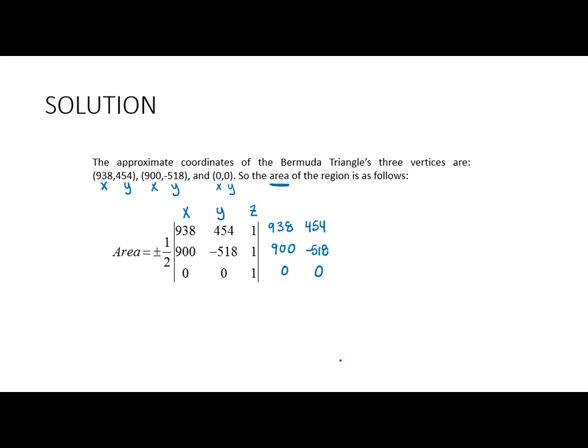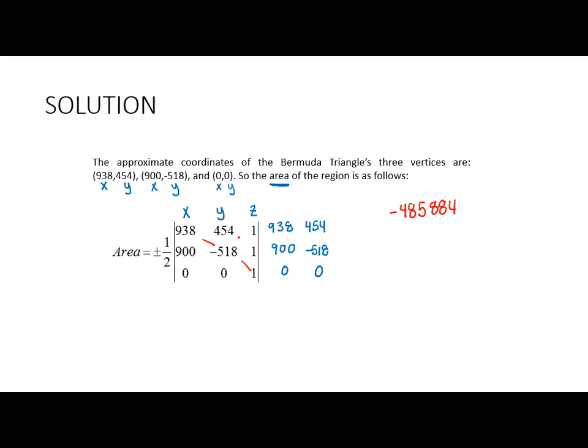All right. Now, we're going to do this just like before. We're going to multiply going down. These are going to be big numbers, but it's okay. The first number we have is negative 485,884.